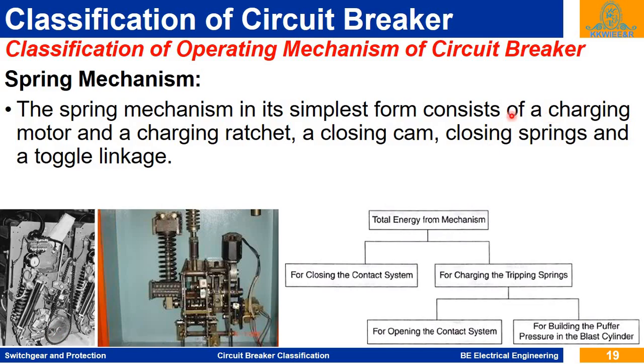So this system consists of the charging motor, the charging ratchet, closing cam, closing spring and the toggle linkages. So it is a mechanical system. Linkages are there. The total energy is in the form of spring, stored in the spring for closing the contact system.